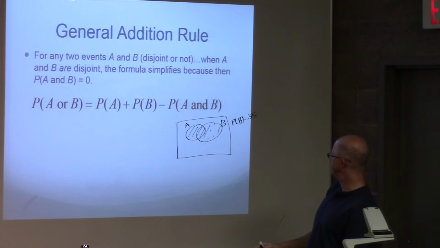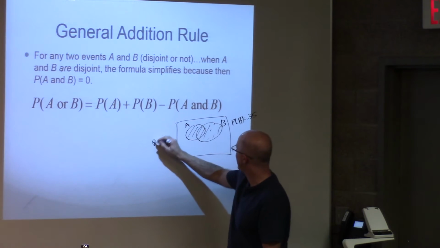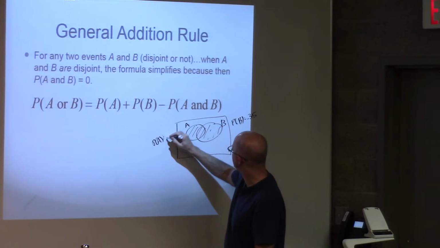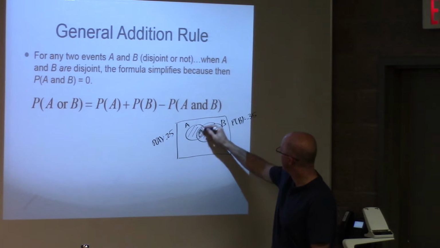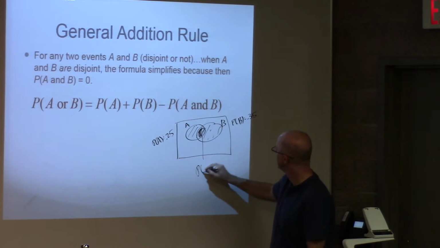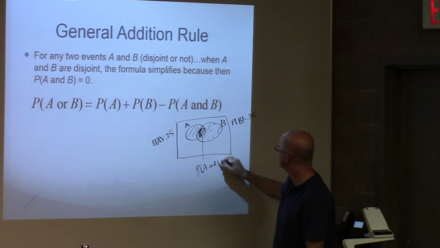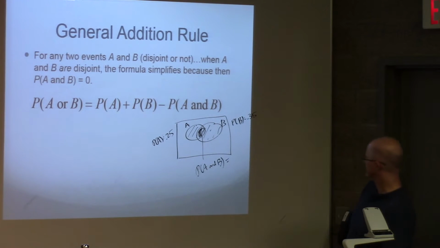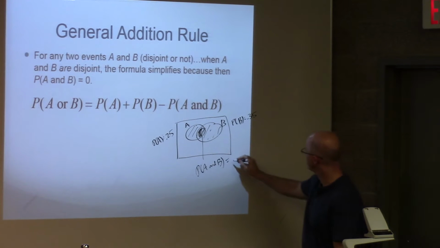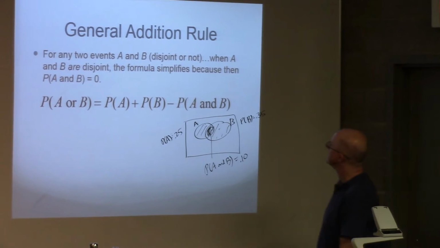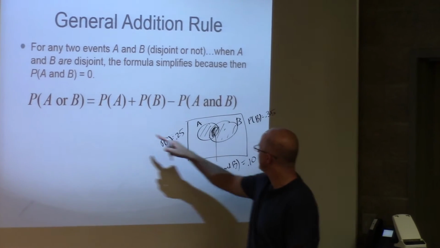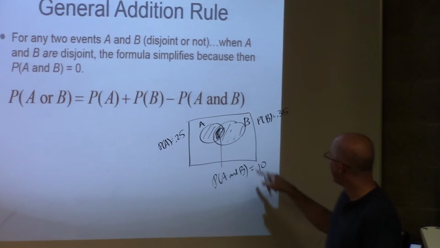A I drew smaller. Maybe the probability of A is 0.25. And their intersection, what they have in common, A and B, just looking at it visually, might have a probability of 0.1 or maybe smaller, but I'll say 0.1. What's the probability of being somewhere in here? You do not add all three of these.